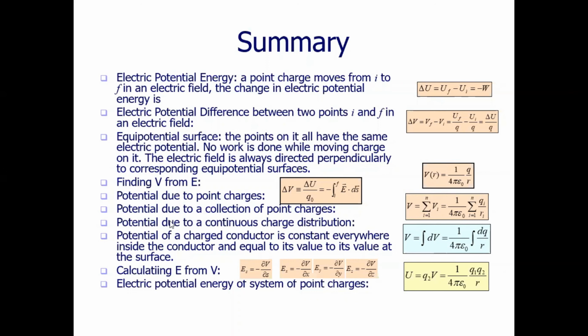And then we had also discussed the potential due to a continuous distribution of charge. There we said that you must assume that the charge is made up of an infinite number of small charges, each of which could be considered to be a point charge.